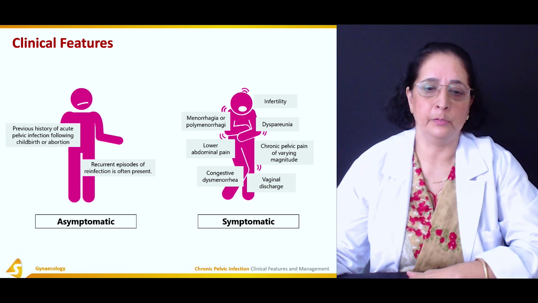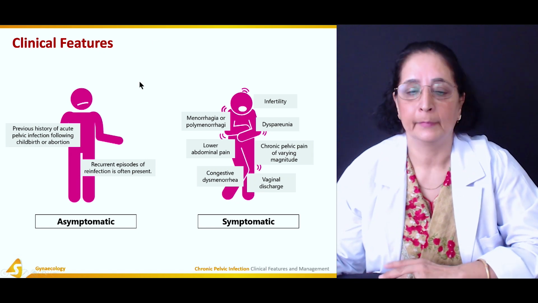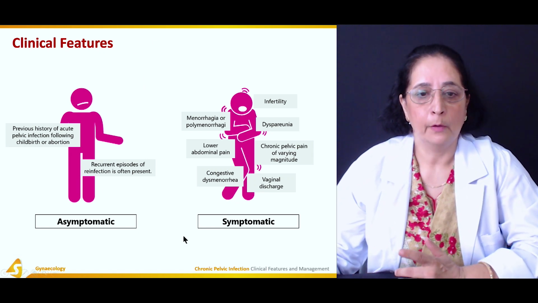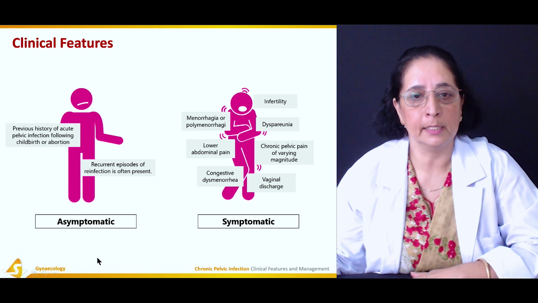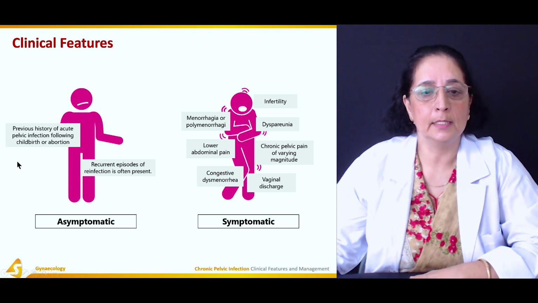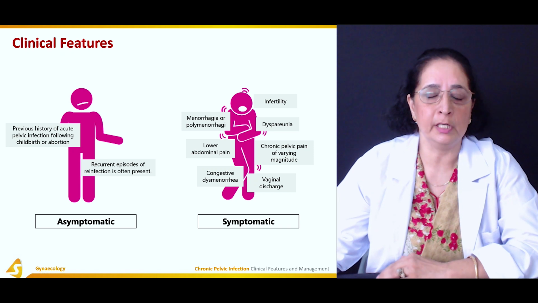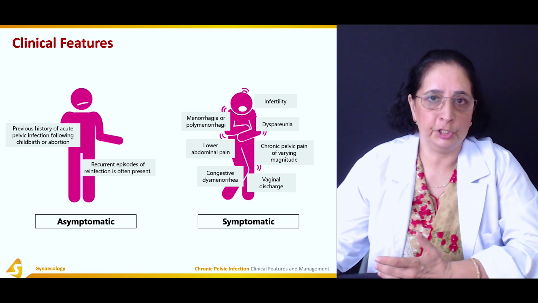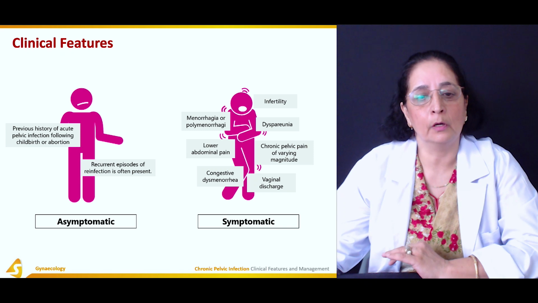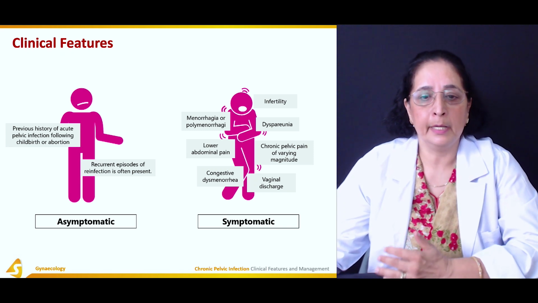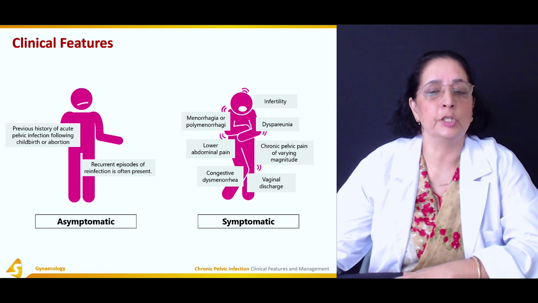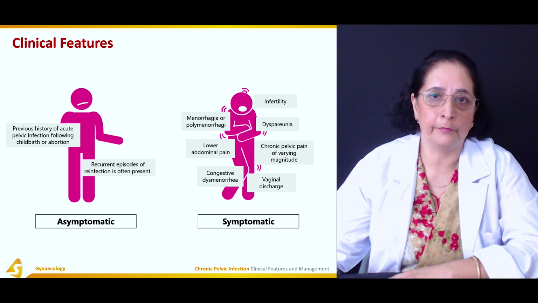So patient might be asymptomatic, meaning no symptoms. When there is asymptomatic presentation, usually there is a previous history of infections after childbirth or abortion. Recurrent episodes of reinfection are often present.